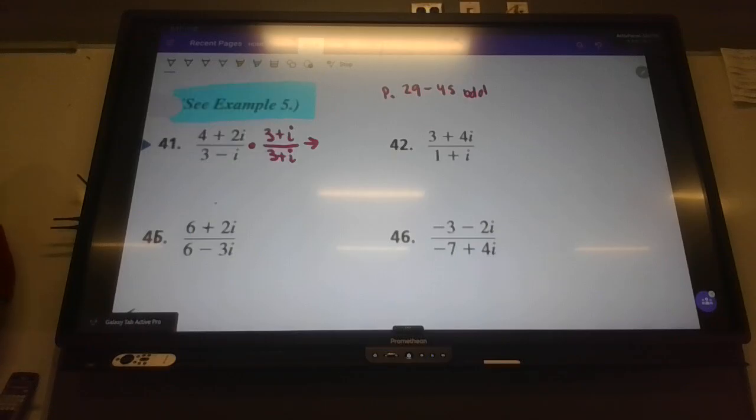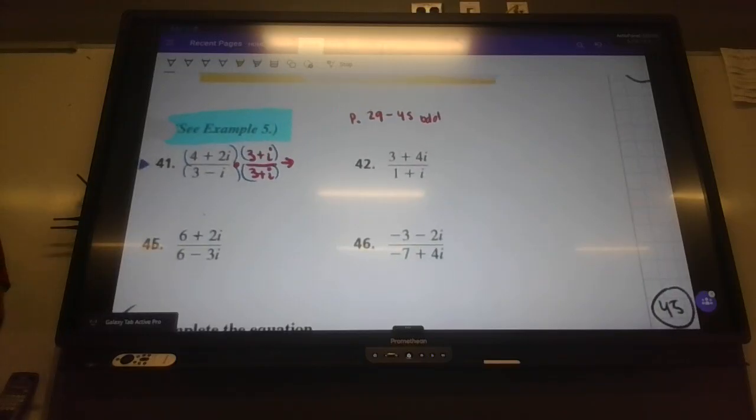Okay, here we go. Can you give us an example? I'll just do this one on the board with the boxes.